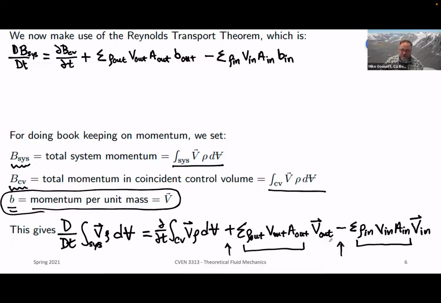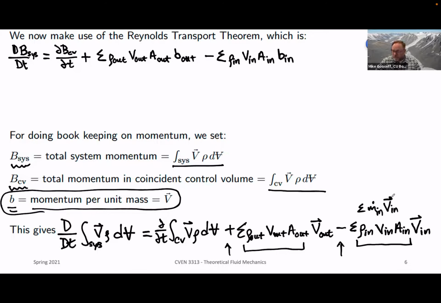Professor, is the velocity out and the velocity in a part of that sum, or is that multiplied by the sum? Can you see my cursor? Do you mean this one right here? The vector? It is multiplied by this. Another way of writing this is the sum of all m dot ins times the velocity vector ins as well, for each input.